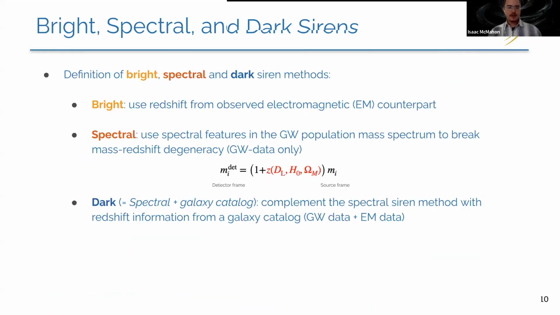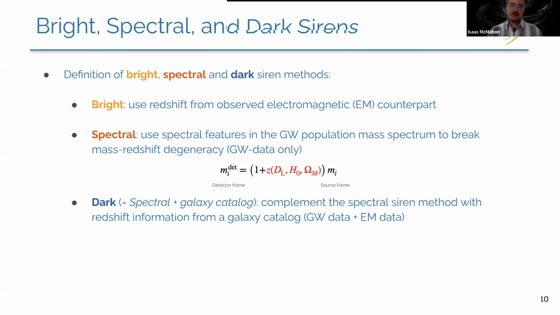Now, the third method for measuring cosmology with gravitational waves is called the dark siren method. In the dark siren method, we're using the same idea as the bright sirens, but in this case, we don't have optical counterparts for our gravitational wave events. But what we do have are galaxy catalogs.